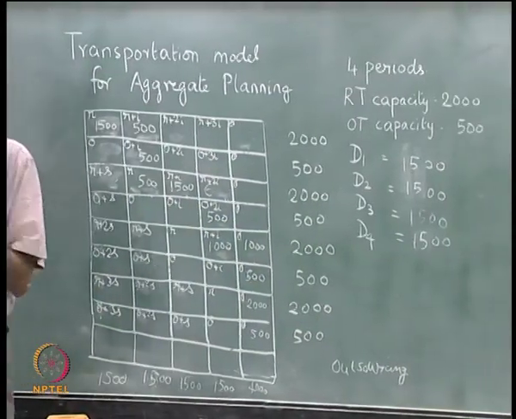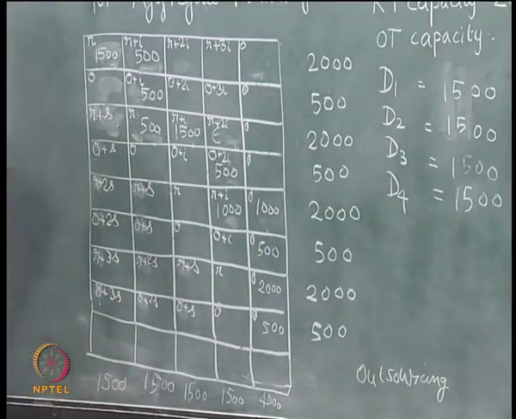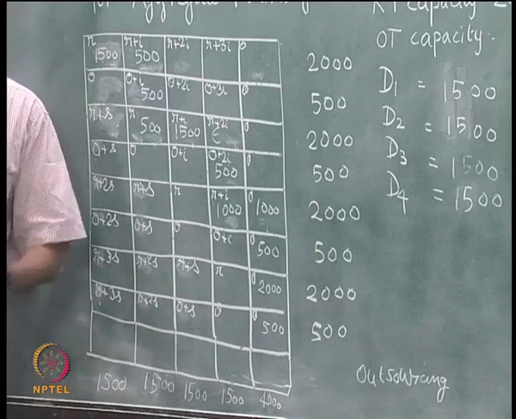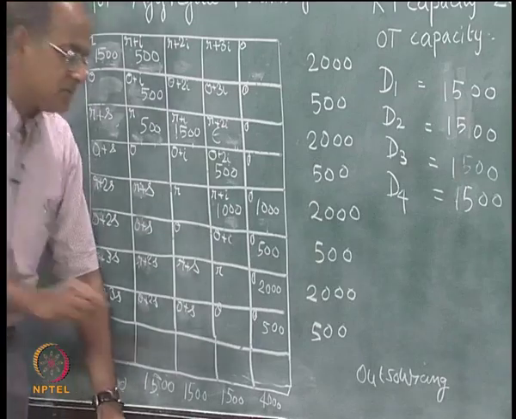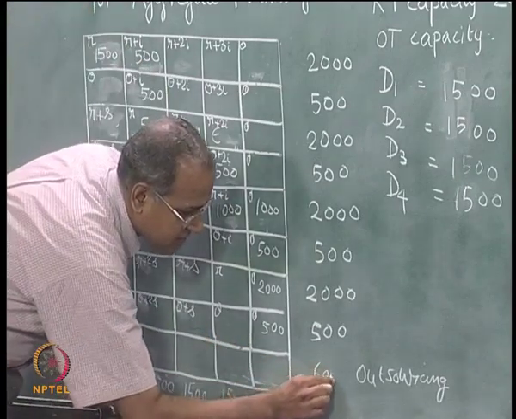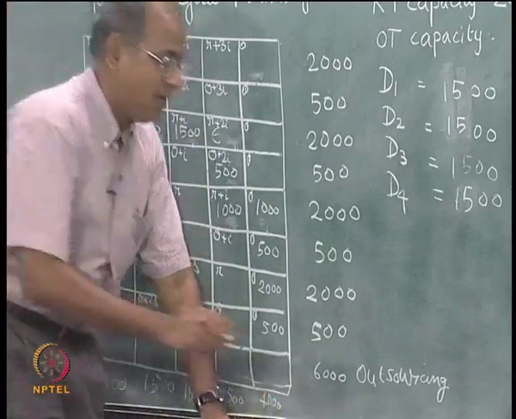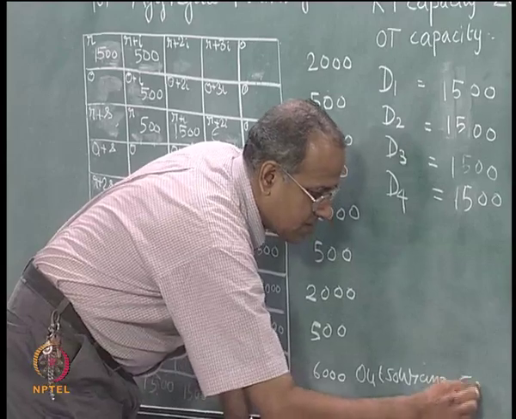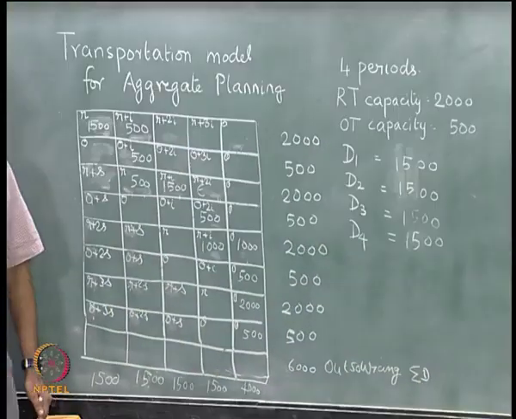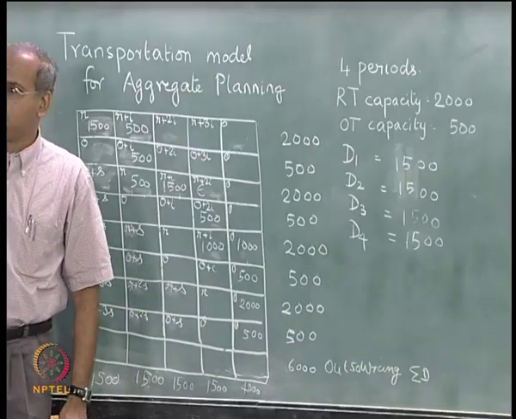In the tabular method or the linear programming method, we did not have any limit on the extent to which we can outsource. So in principle we can assume that the entire demand of 6000 can be outsourced. In some sense the outsourcing capacity becomes sigma d, the sum of the demands.